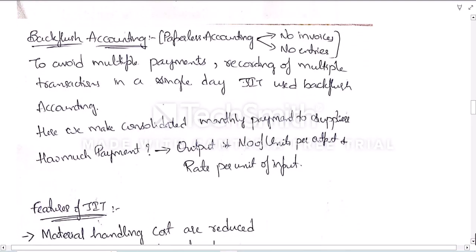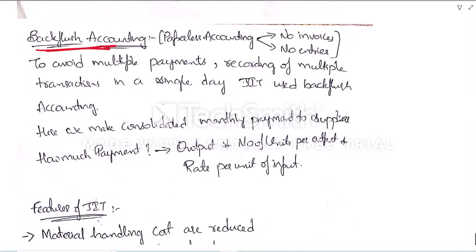Okay, one more concept in just in time is backflush accounting. Why do we have to follow this? Because all day long we will be receiving many orders from many customers, and all those orders should be sent to the supplier for supplying raw material. So are we going to pay them all the time?